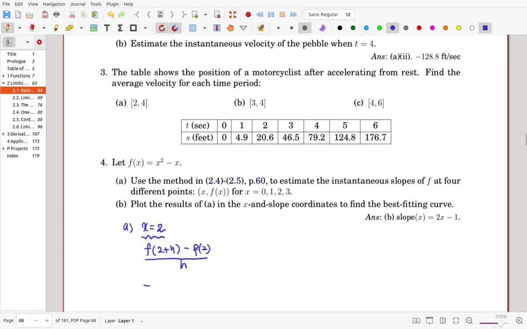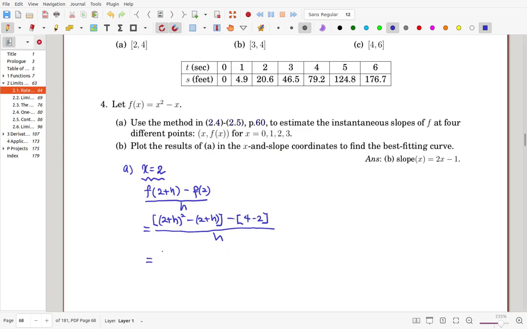That is f of 2 plus h, which has two terms: 2 plus h squared minus 2 plus h, minus f of 2, which is 4 minus 2, which is 2. Let's write down 4 minus 2. Now divide by h.